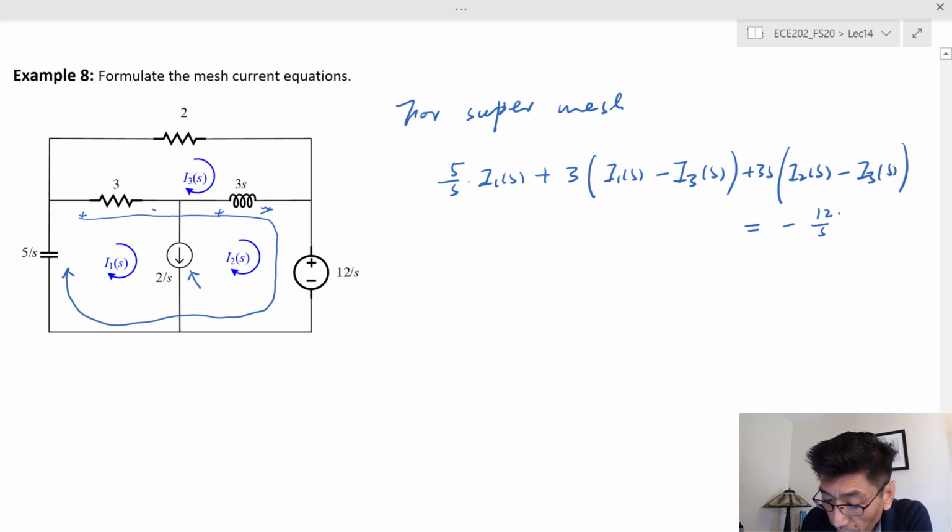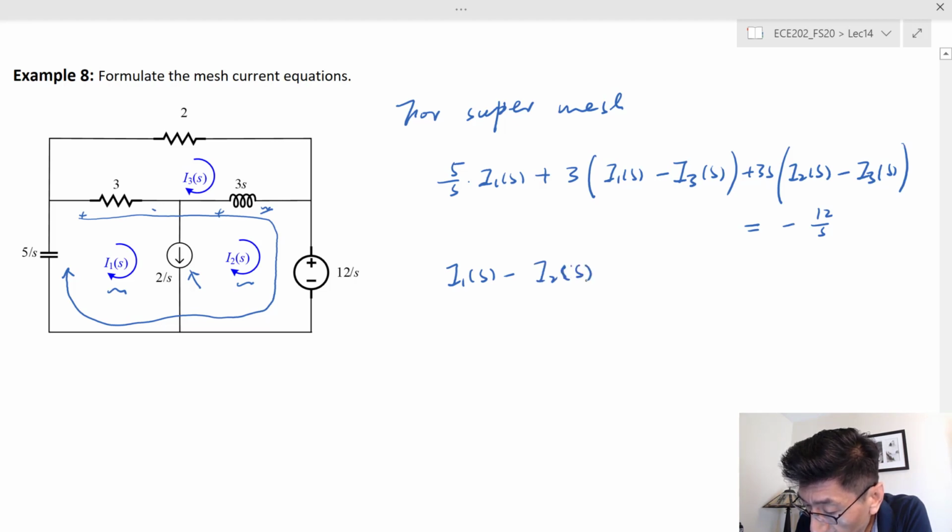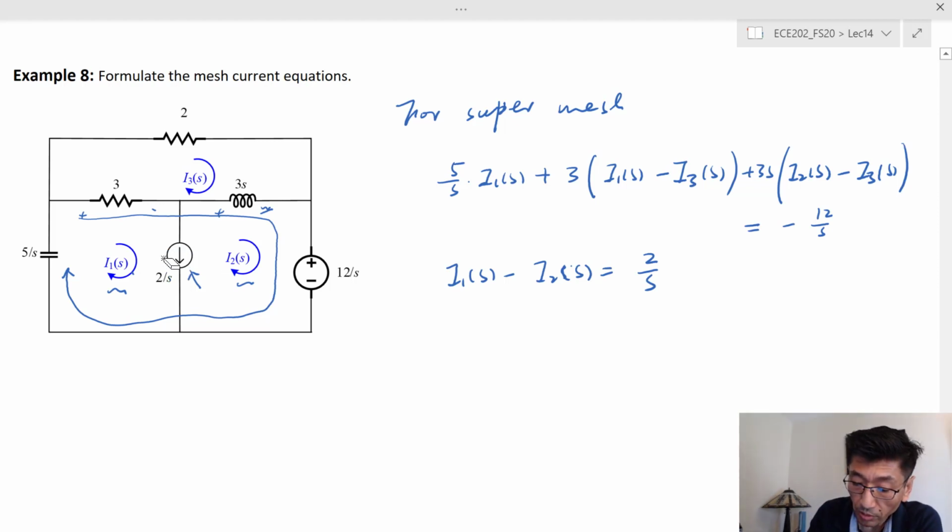And also we know the mesh currents I1 and I2 are related to each other by I1 minus I2 is equal to 2 over s, equal to this current, because of the orientation, the net current I1 minus I2 is equal to this current. If you're not sure about this, go back to the lecture on the phasors, where I had a detailed explanation of that.